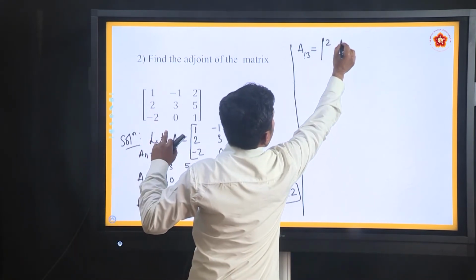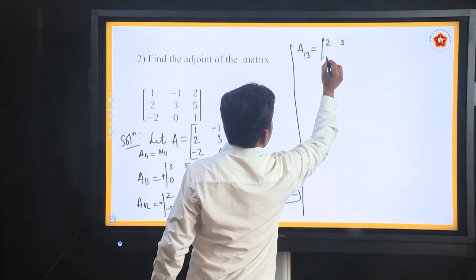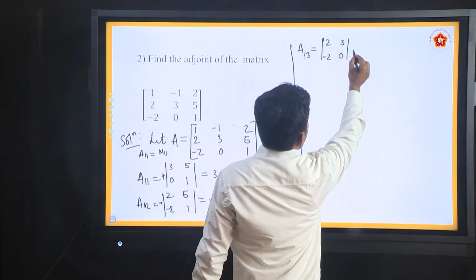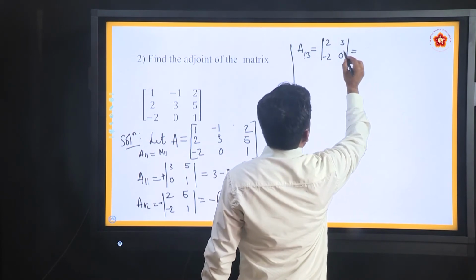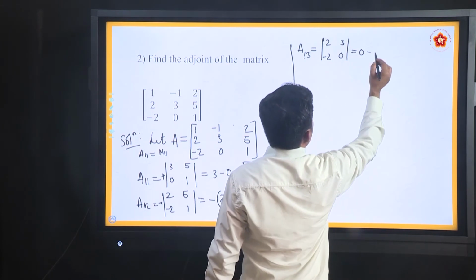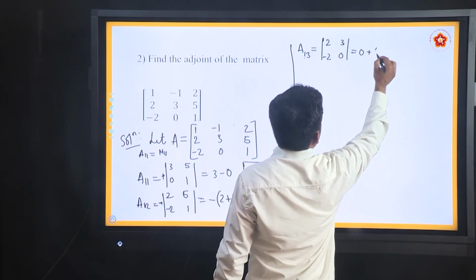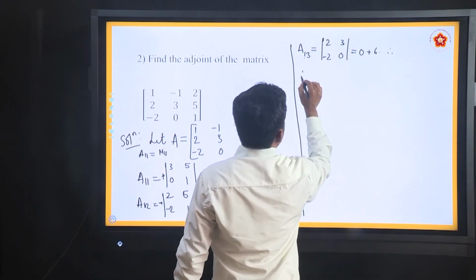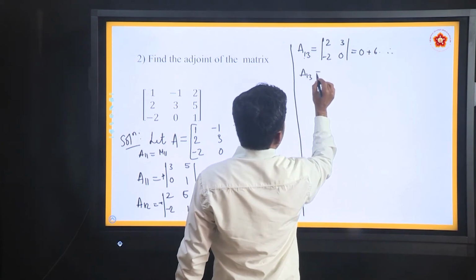Expand it. Which is equal to 2 into 0 is 0, minus of 3 into minus 2 is minus 6, which is plus 6. Therefore, A13 is 6.